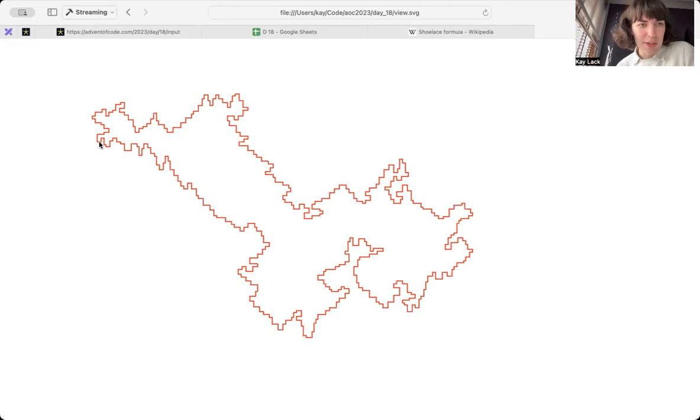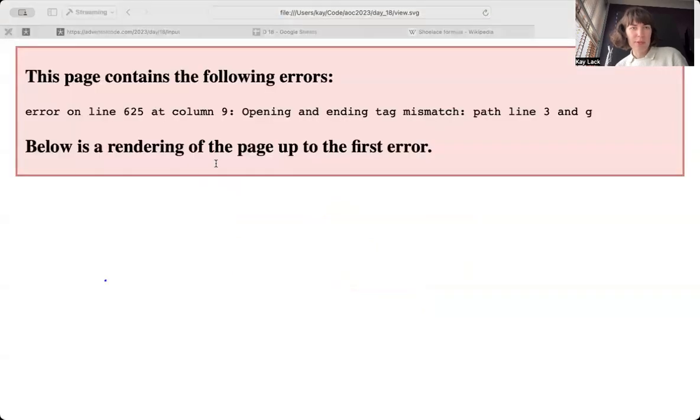I think the first point, let me, I'm just adding a little square so we can see where the starting point is.